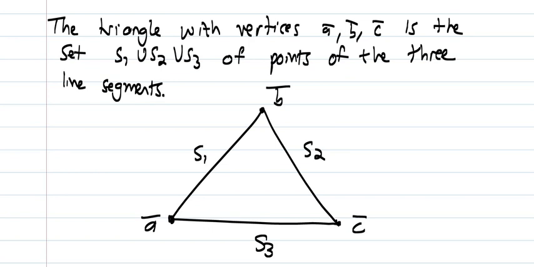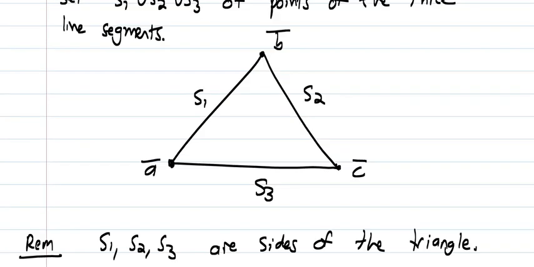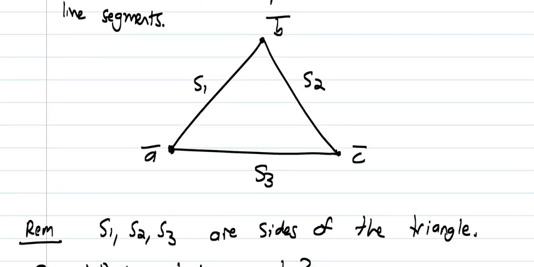So we get S1, which is a line segment. It's not a line, it's a line segment. S2, which is a line segment, and S3, which is a line segment. So the triangle is the union of these three line segments. Remember, S1, S2, S3, these three line segments are the sides of the triangle.